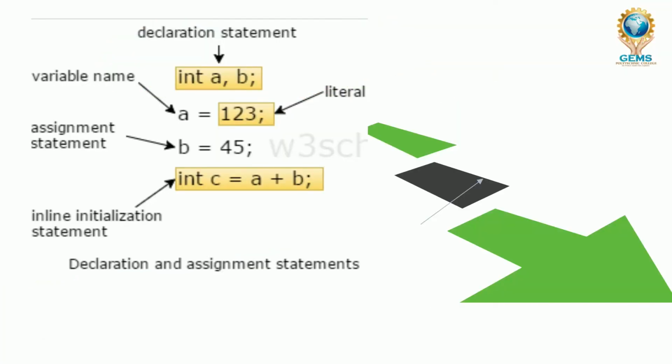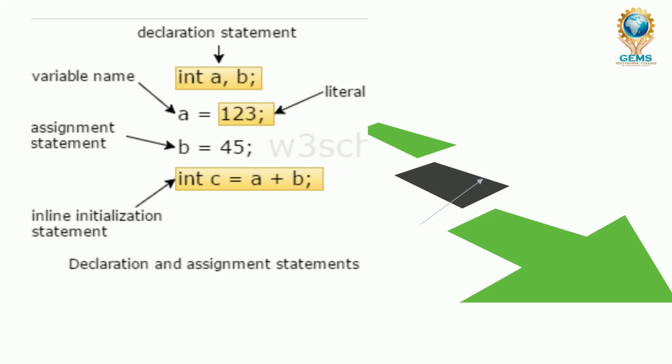So this is one more example. Declaration statement: int a comma b semicolon. Then a equal to 123. 123 is called a literal. What is a literal? Literals are like variables, but these are constants. We already discussed what a literal is. A literal contains constant values. Next, b equal to 45. Int c equal to a plus b.